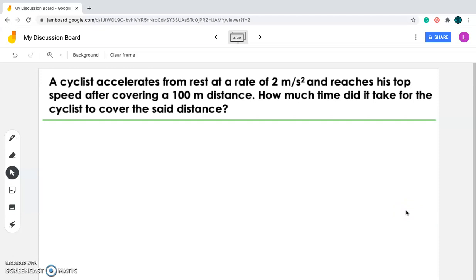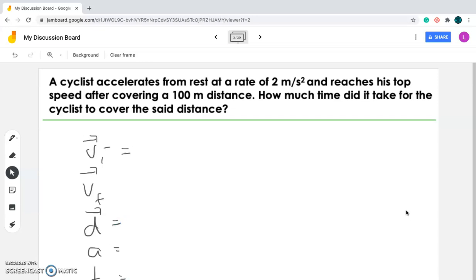How much time did it take for the cyclist to cover the said distance? So what are those variables again? Of course, we have initial velocity, final velocity, displacement, acceleration, and time, okay, right?